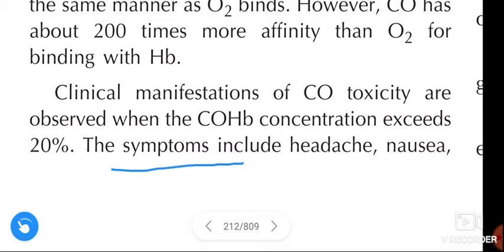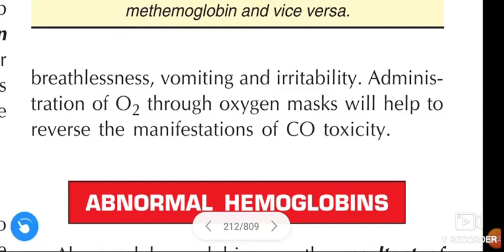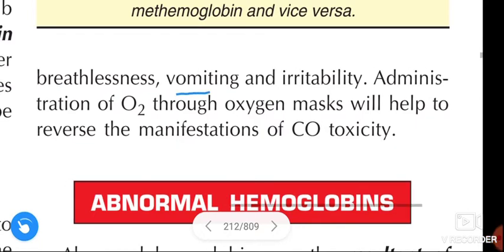The symptoms include headache, nausea, breathlessness, vomiting, and irritability. These are the symptoms when the concentration of carbon monoxide hemoglobin increases beyond 20%.